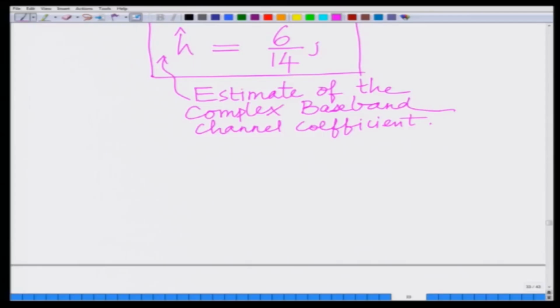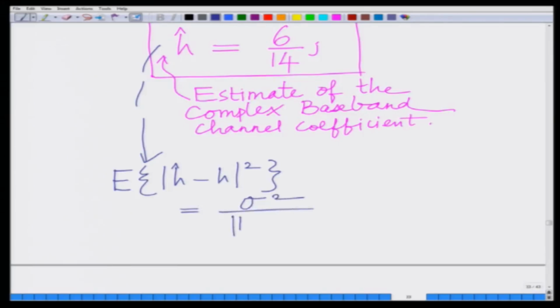Let us now compute the variance of this channel estimate, which we computed in the previous module: the expected value of magnitude h hat minus h whole square, that is, the average value of the square of the deviation. Remember, this is equal to sigma square divided by norm x bar square.